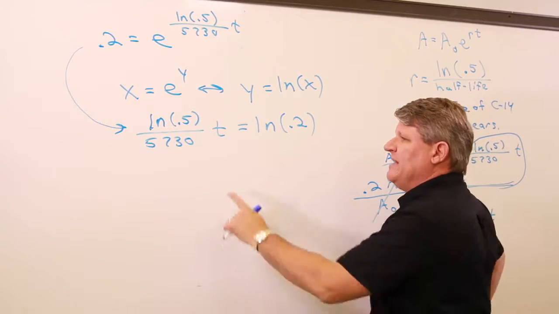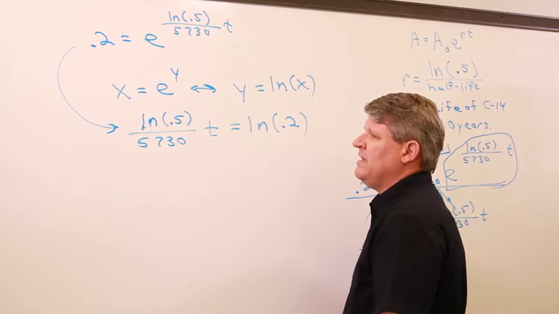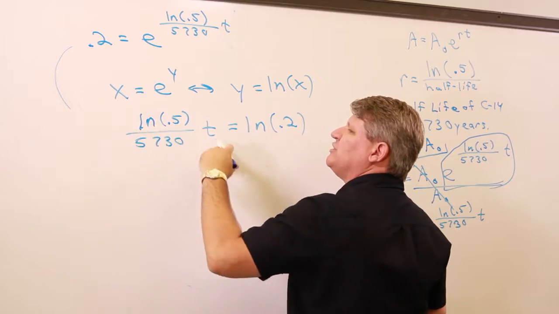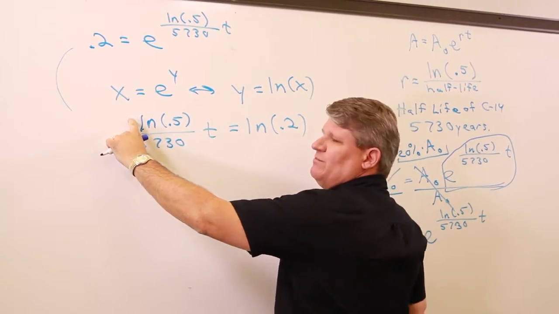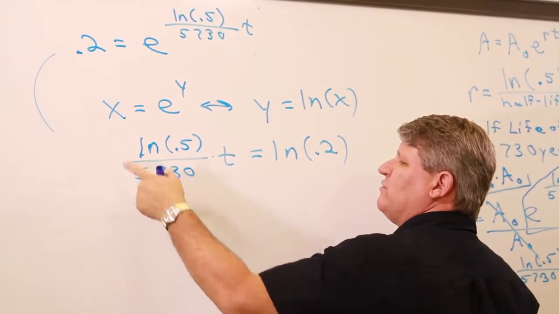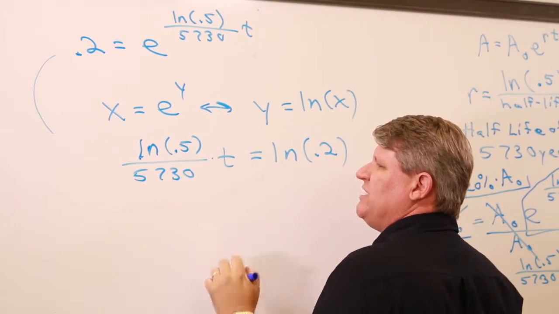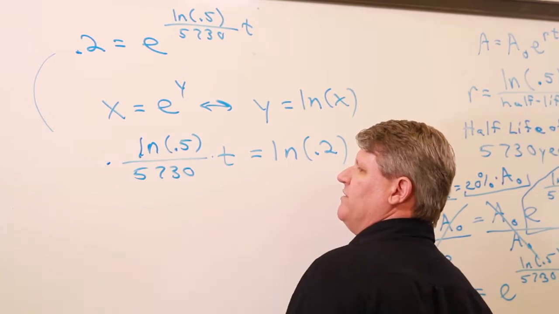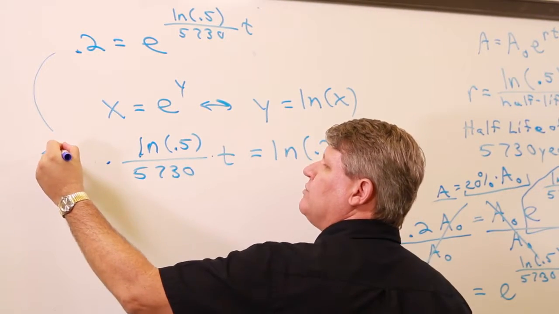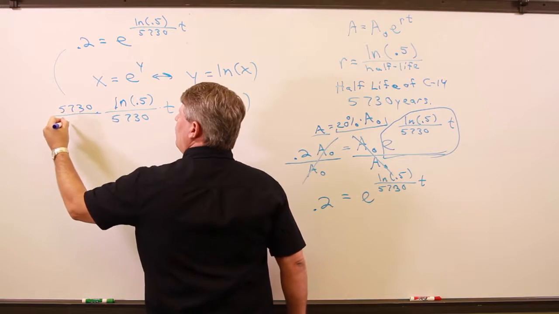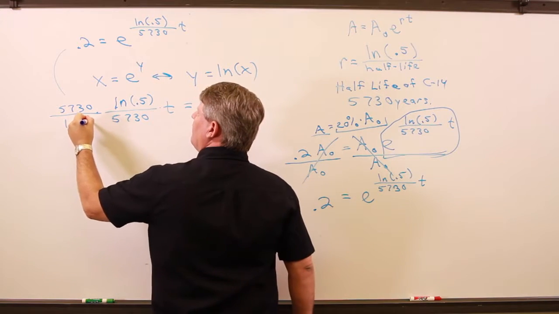Now, I need to solve for t, and my t is being multiplied by something that looks like a fraction. It's a funny looking fraction, but it's really just a fraction. And to cancel that fraction out and get t by itself, all I need to do is multiply by the reciprocal of this expression. So I'm going to multiply the left side by 5,730 over the natural log of 0.5.